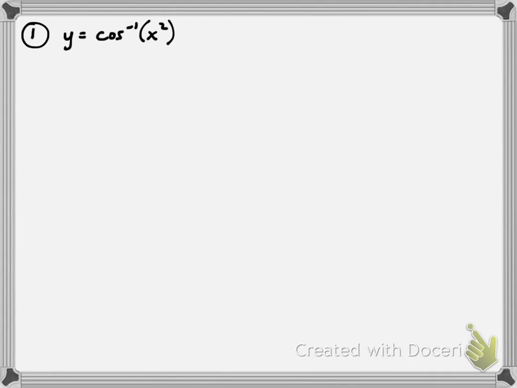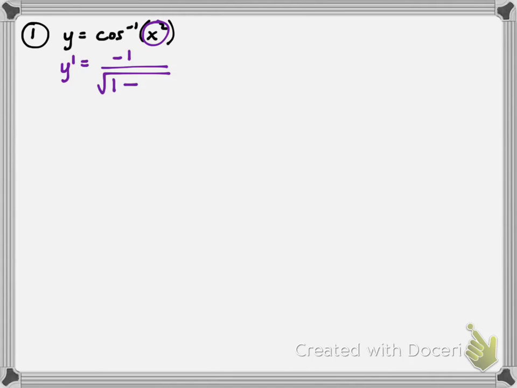Number 1, y equals inverse cosine of x squared. So if I were you, I would keep my inverse trig derivative rules handy so you can refer to those. But anyway, y prime is equal to negative 1 over the square root of 1 minus u squared, and this is the u.